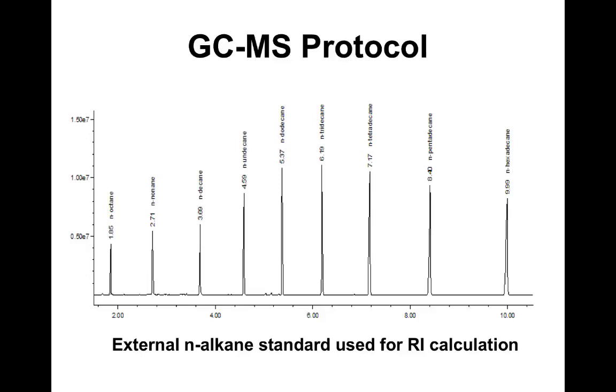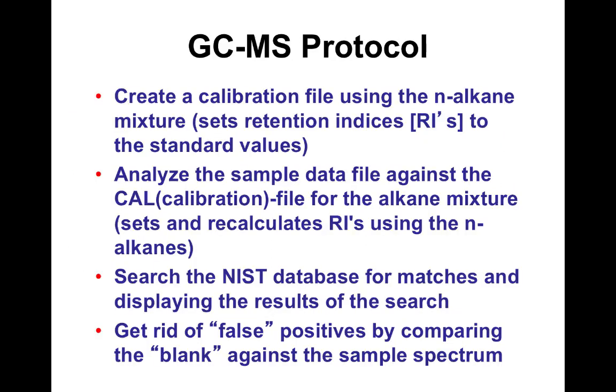So here are your external standards, which you run. They should be well separated. And if you know their concentrations, then you can match their intensities to help calibrate the concentration. That calibration file is CAL, and it will be used to calculate your retention indices, but also to help calibrate the intensities.